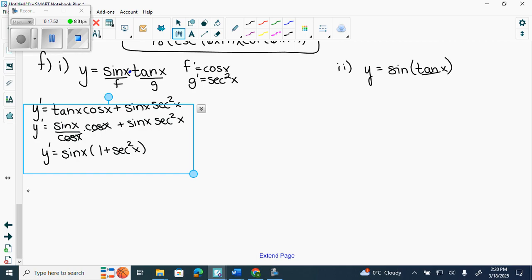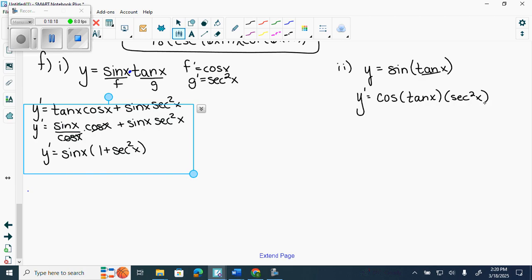Okay, this one is a composition. When it's a composition, like f of g of x and g of f of x, in 30-1 we learned about composition of functions. It's for chain rule. So y prime, the derivative of sin x is cos x, where x just happens to be tan x. And then what's the derivative of tan x? Secant squared x. That's it.